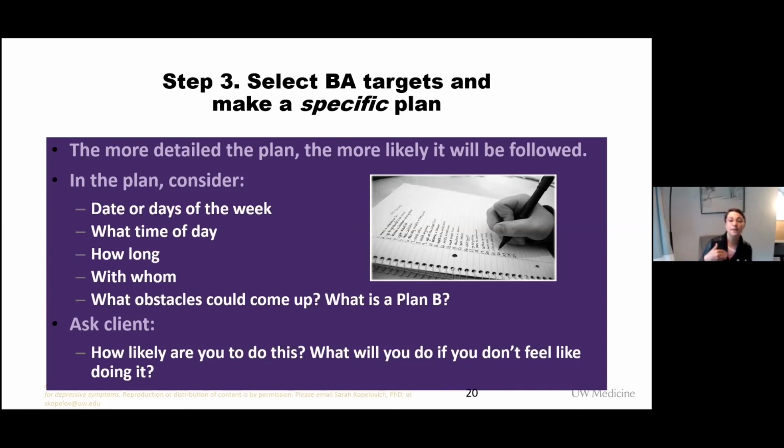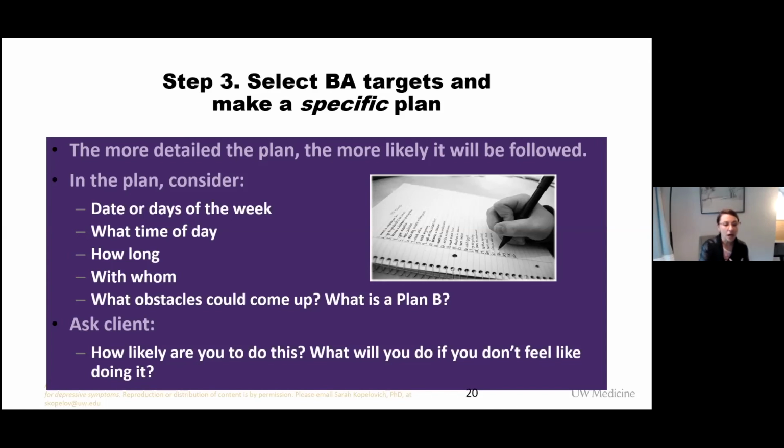So get that plan, make it concrete, and then figure out how the client is going to get reminders during the week. Go for some ways that are old-fashioned, like Post-it notes, and some ways that involve technology, if the person has that, like alarms on phones and apps.